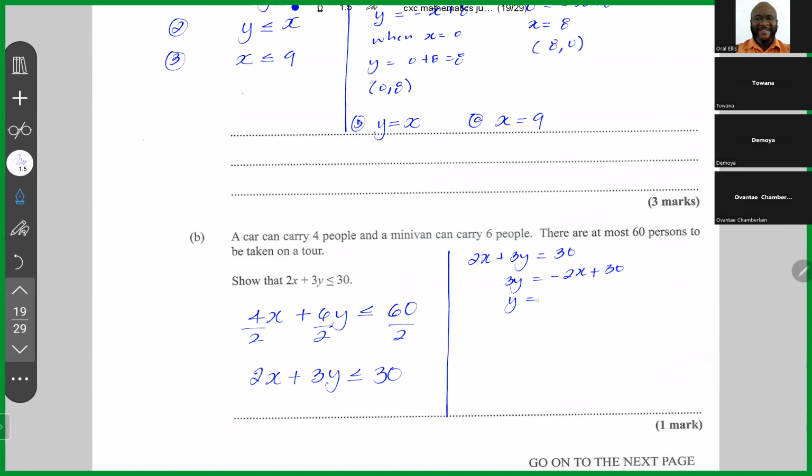Y, divide the entire thing by 3, is minus 2/3 x plus 10. All I did there was just divide the entire equation by 3.